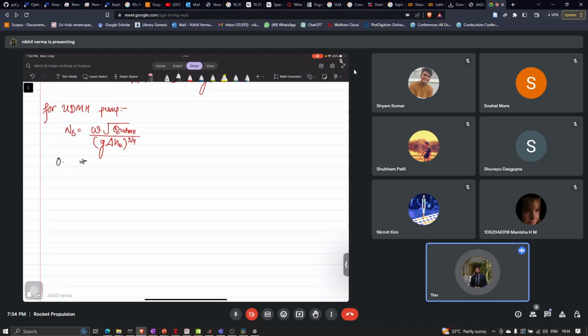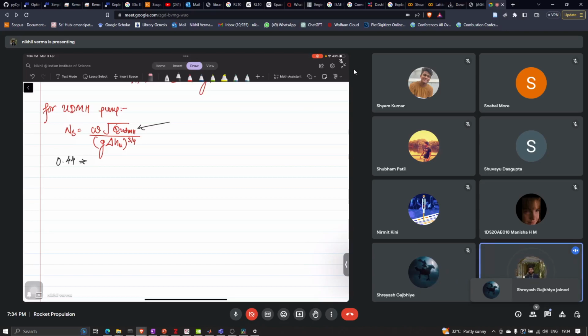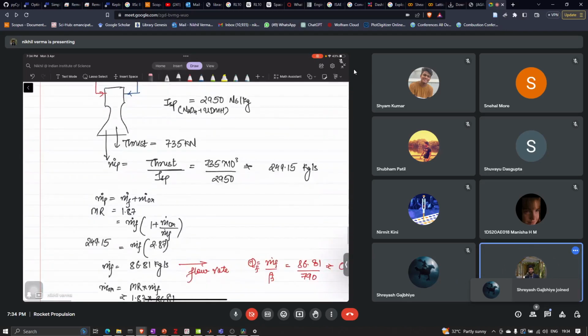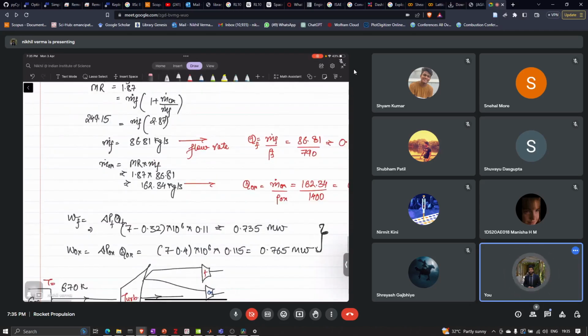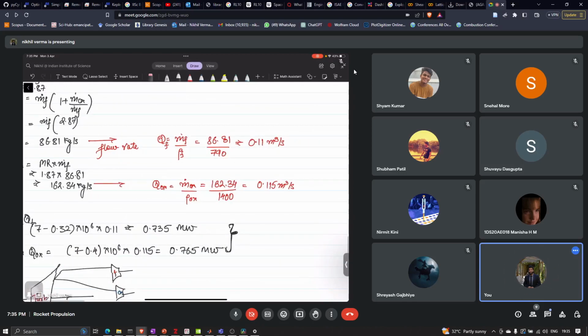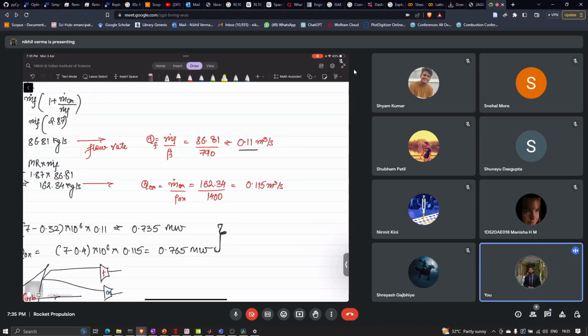Specific speed for UDMH is given as 0.44. Let us calculate this q dot. Q dot we have calculated earlier for UDMH. The flow rate we have calculated for UDMH is 0.11.